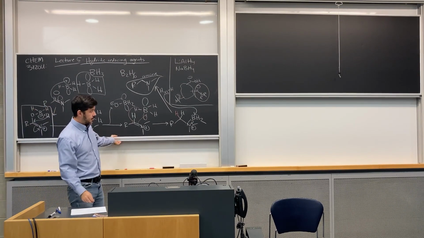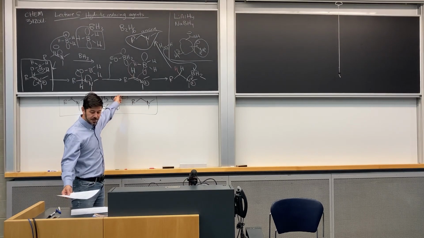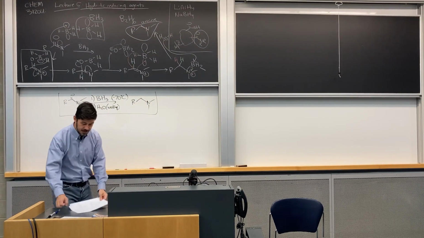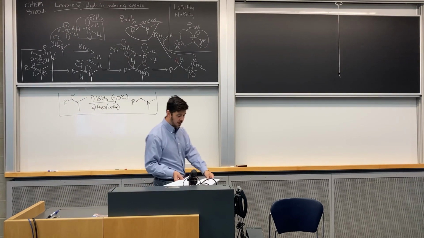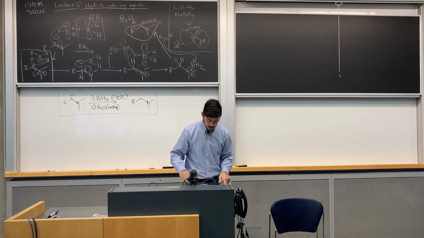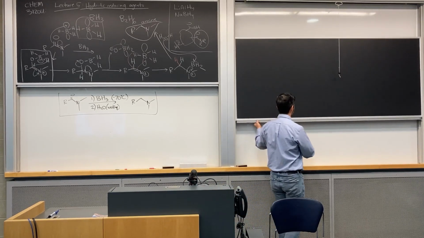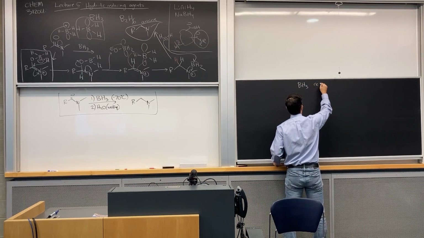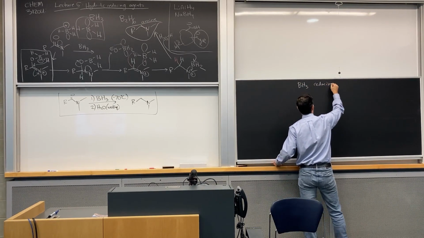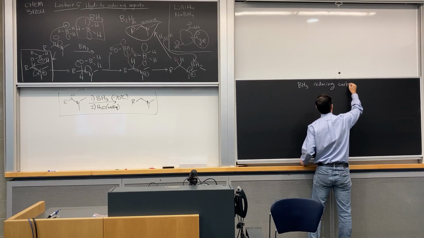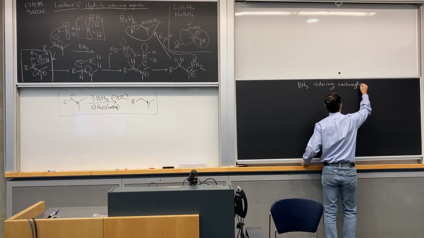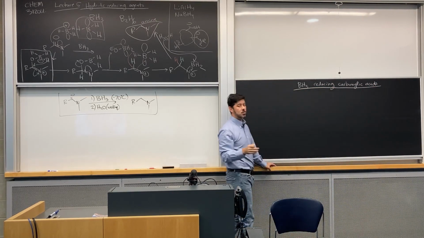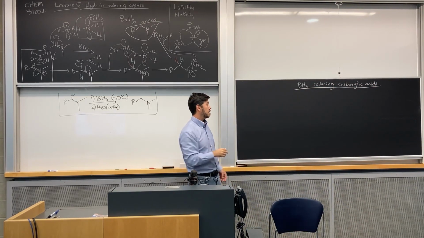Okay, so let's look at another example of how BH3 can reduce a different functionality. Let's look at the case of BH3 with carboxylic acids. Okay, we haven't looked at carboxylic acids yet, right?